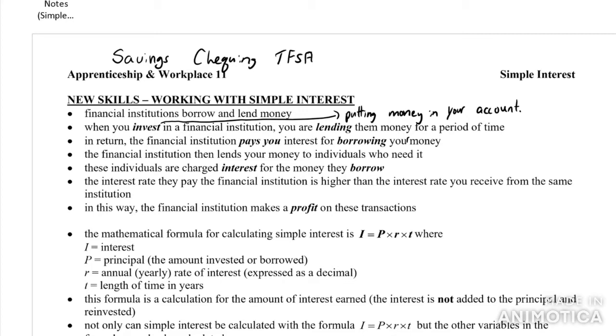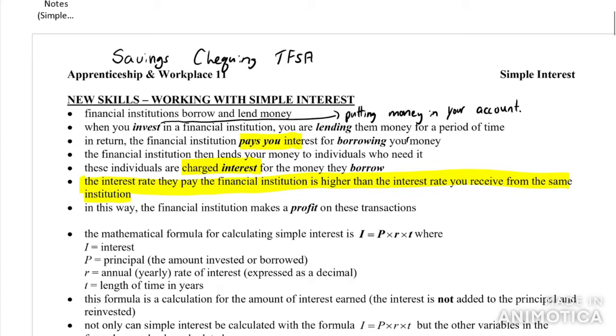rather than paying interest to you, which the bank does, the people who borrow money are charged interest. So interest can be something that goes towards you or is charged against you, depending on whether you're lending or borrowing money. One of the things I'll point out, the interest rate that they pay that financial institution is higher.